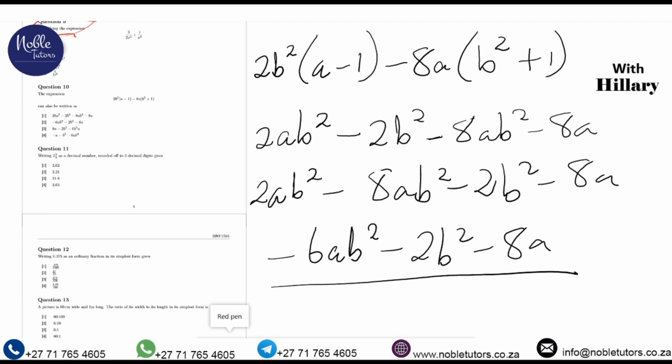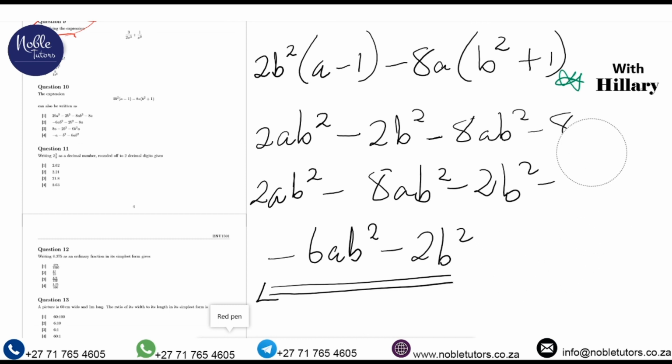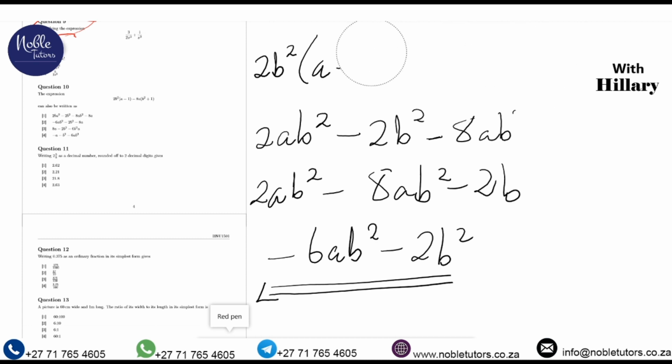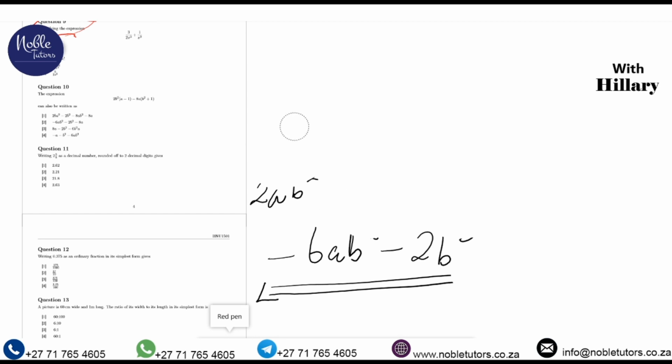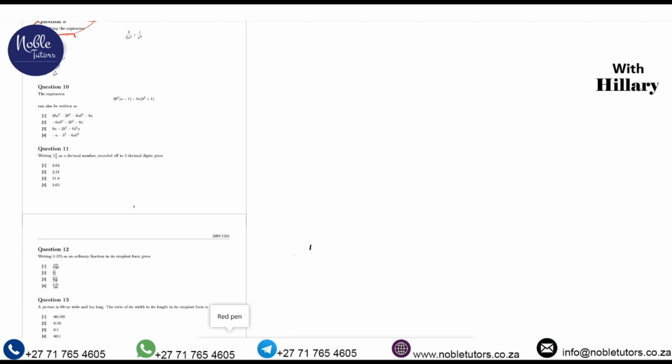So this can be rewritten as that by following those steps. Okay, so those are the elements that we also need to remember in mathematics, especially for BNU 1501. We need to remember those elements to be able to answer exam questions.